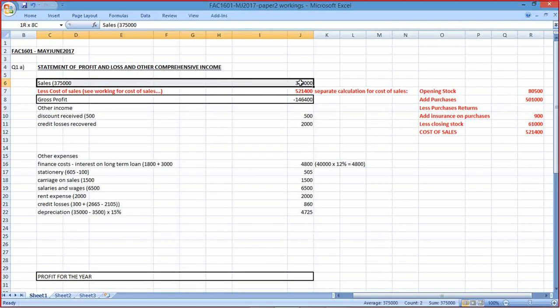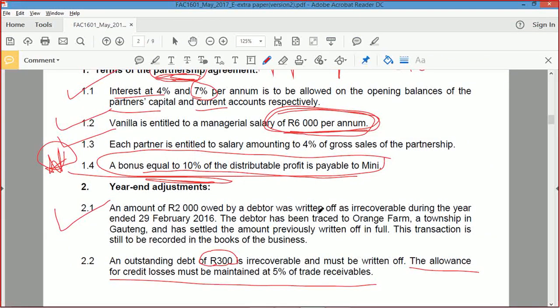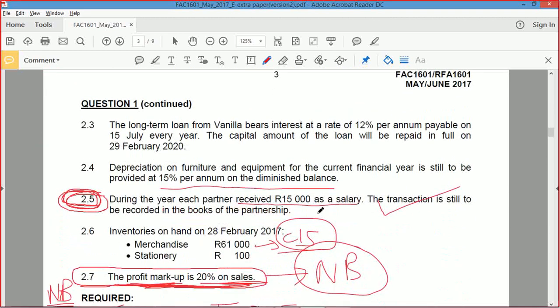Looking at my question, if you use the sales figure there, you get a loss, which isn't actually correct, because there should be a profit for the year. So it's probably maybe per month, possibly. 15,000 as a salary per month. That could be it. If it's 15,000 per month, then it's going to be times 12 to get the full year, which is going to increase their entitlement.